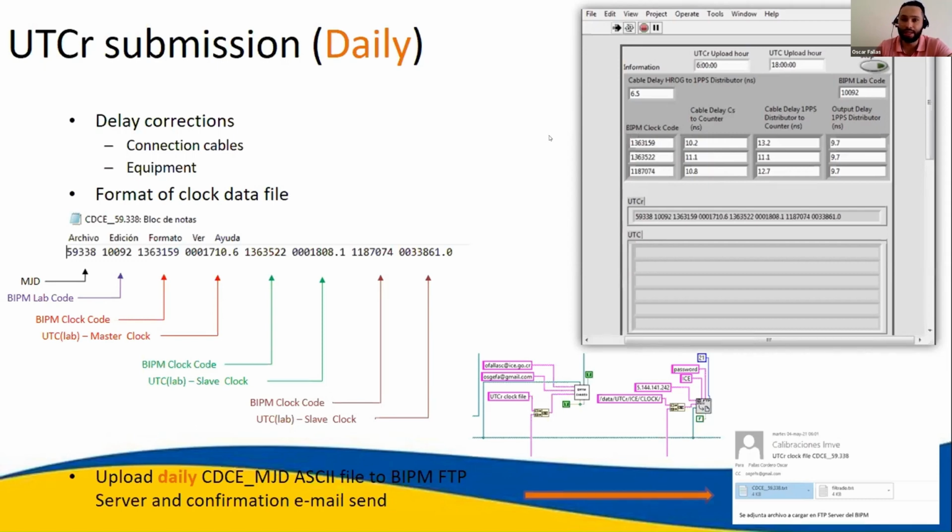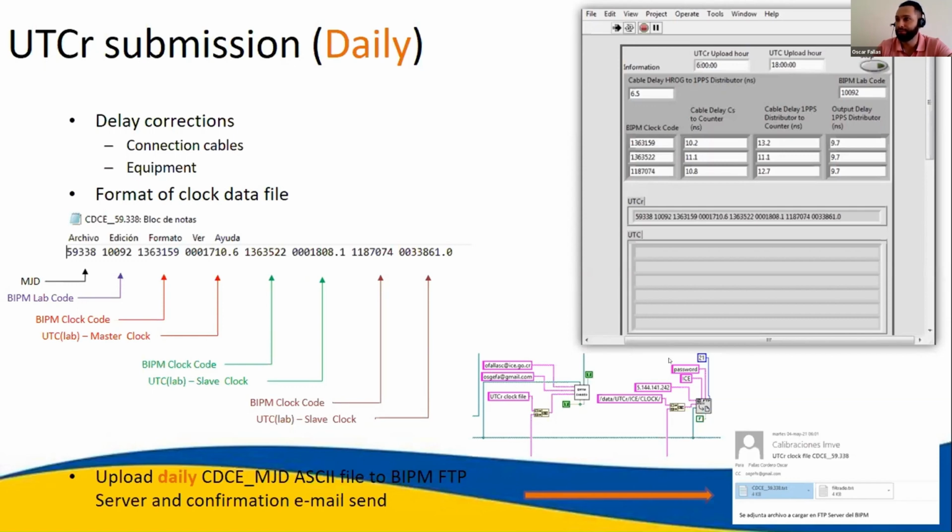What the program does is the following. At the beginning of the day, the program gets the data, corrects the values, and prepares an ASCII file. Following the BIPM rules, it generates the file considering the MJD, the BIPM lab code, the BIPM clock code, and the difference, now applying all the corrections. The same is done for the other 2 clocks.